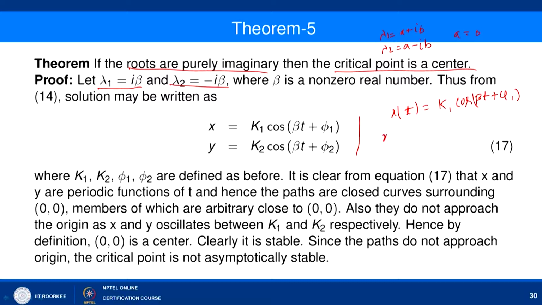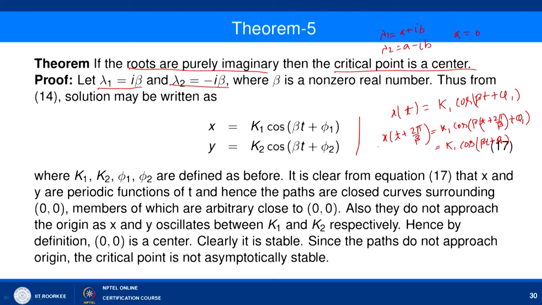So, if I look at x of (t plus 2 pi by beta) here, since beta is non-zero, we can write 2 pi by beta, and this is k1 cos of beta times (t plus 2 pi by beta) plus phi 1. If you simplify, what you will get? You will get k1 cos of (beta t plus phi 1).